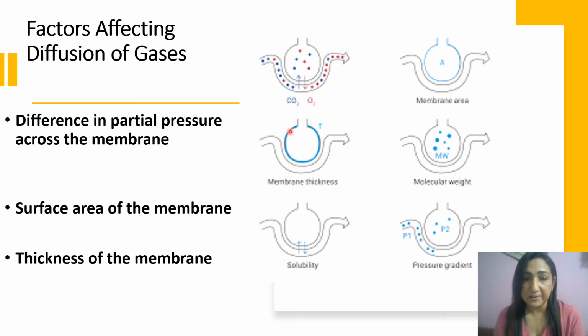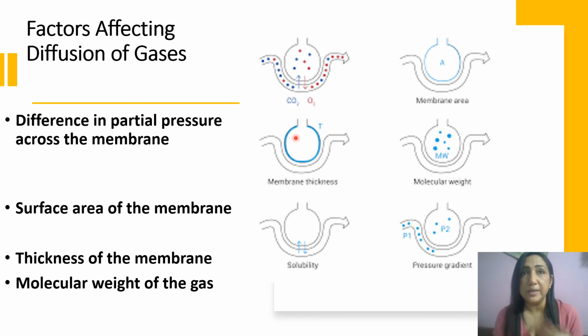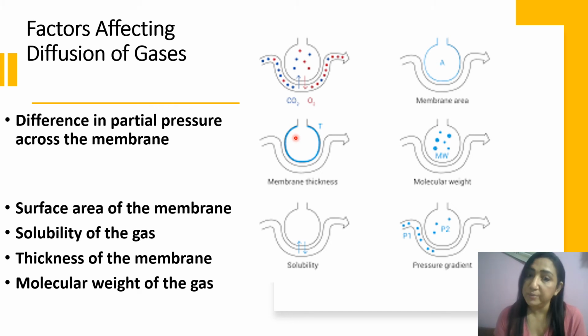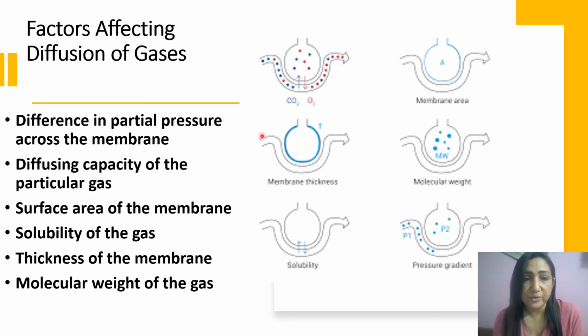If the thickness is normal, 0.2 to 0.5 micron, then the diffusion will be perfectly fine. Then the molecular weight: the lesser the molecular weight, the more the diffusibility. Then solubility: if the solubility is more, it is going to diffuse earlier, like carbon dioxide. And then the diffusing capacity of the particular gas, that we are going to discuss later.